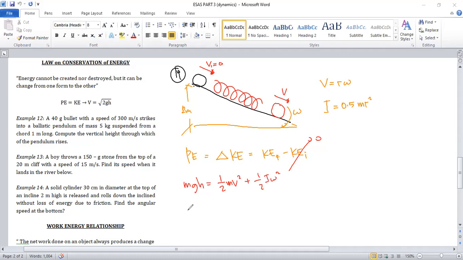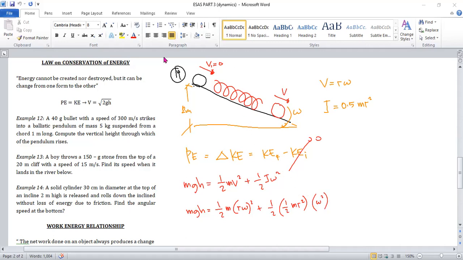We can further write this one as mgh equals 1/2 m (V is equal to r omega) square plus 1/2, I is equal to 1/2 m r square, multiplied by omega square.